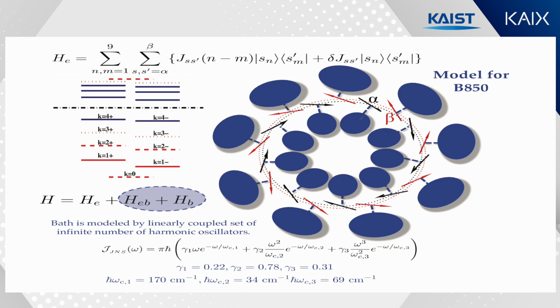The important thing is that for both LH2 and LH3, it turns out that you can model the effect of the environment and also the molecular vibrations by a collection of linearly coupled, infinite number of harmonic oscillators.